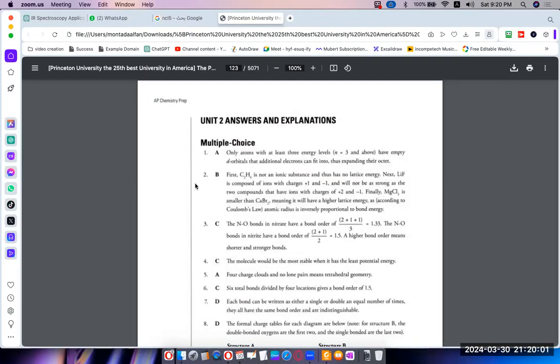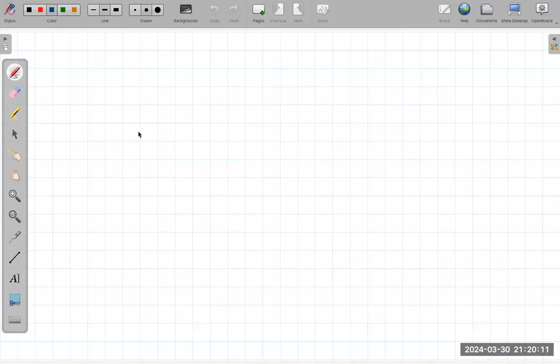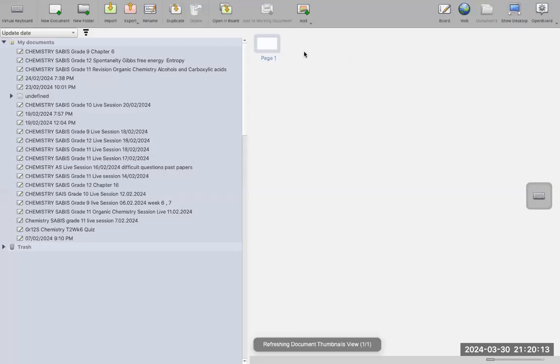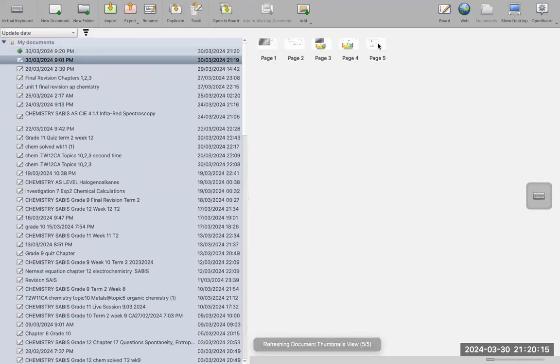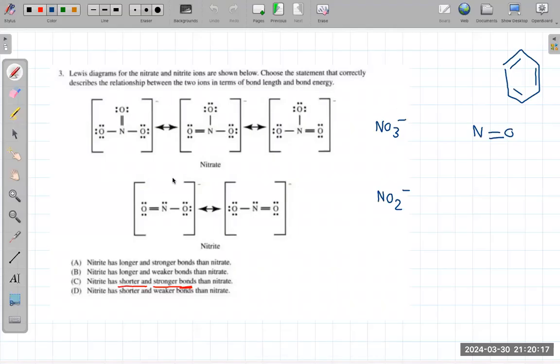Oh, I have closed the application. That's why it has stopped sharing. Okay, let me share the file again. Okay, sorry. So I'll try to screenshot the answer again.